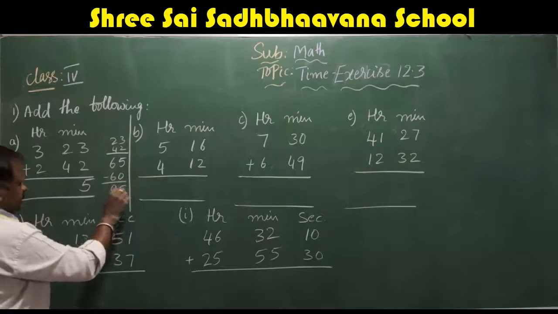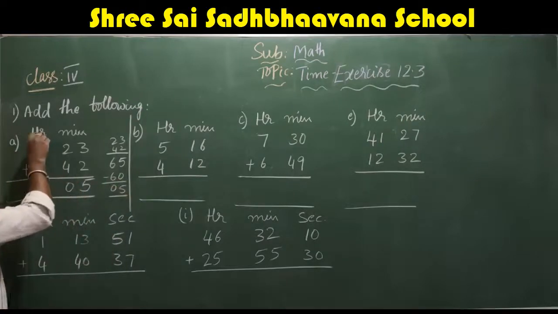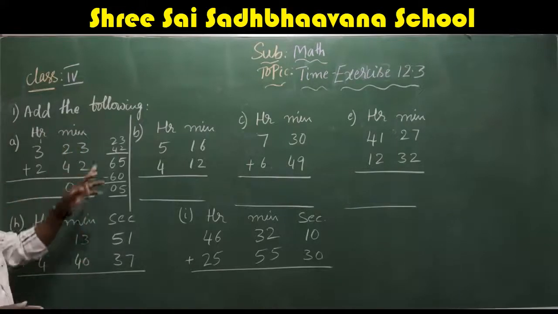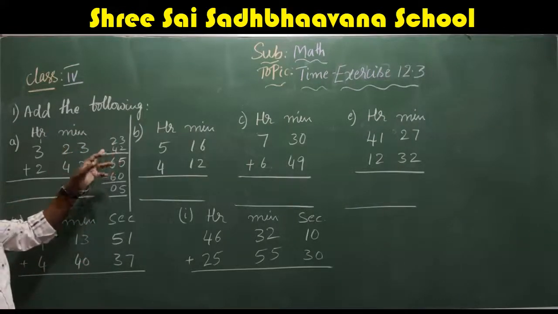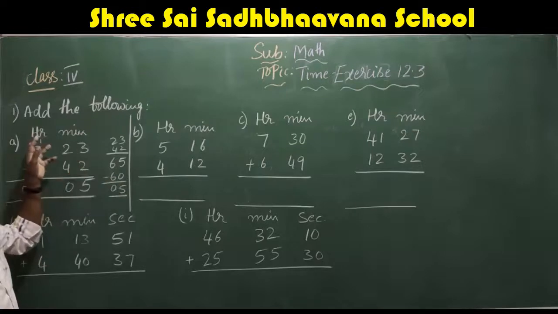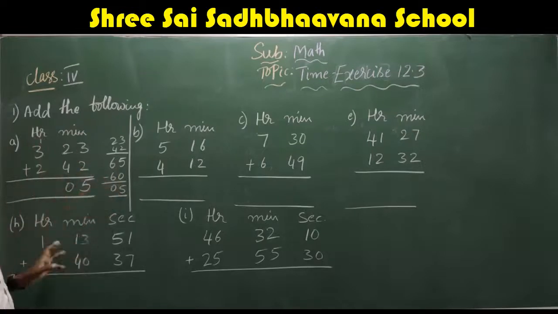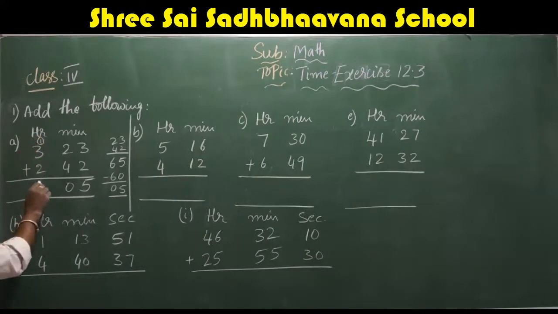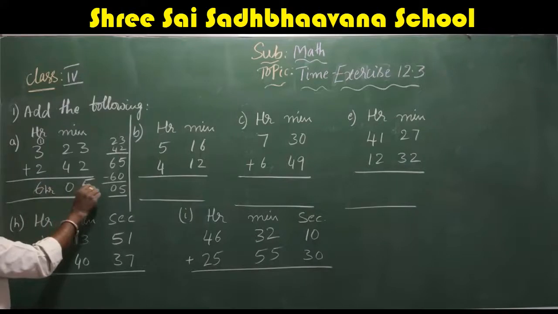Sorry, here it is minutes, not seconds. 23 minutes plus 42 minutes becomes 65 minutes. 60 minutes is equal to 1 hour, so I will subtract 1 hour to take carry here. Remaining 5 minutes, I have written here. I have taken carry 1 hour. Now add 3 plus 2, 5, 5 plus 1, 6. 6 hours, 5 minutes.